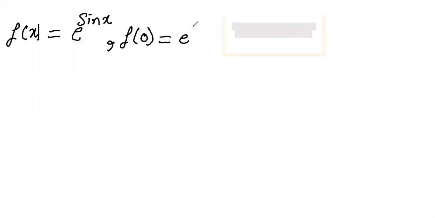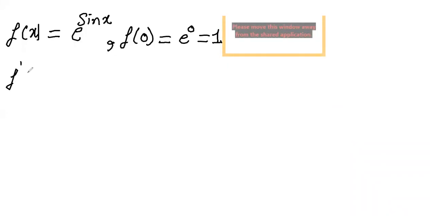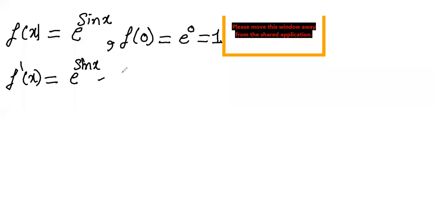Okay, so f of 0 will be e raised to 0, and e raised to 0 will be 1. Next is f dash x, so it will be e raised to sin x into cos x.